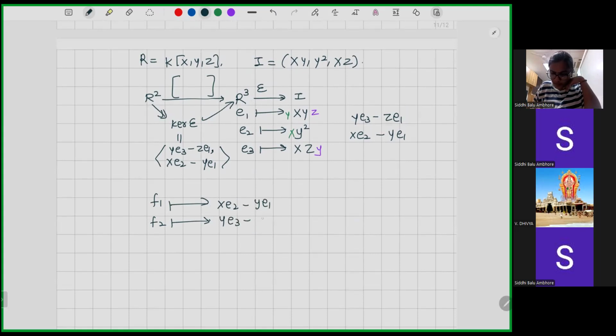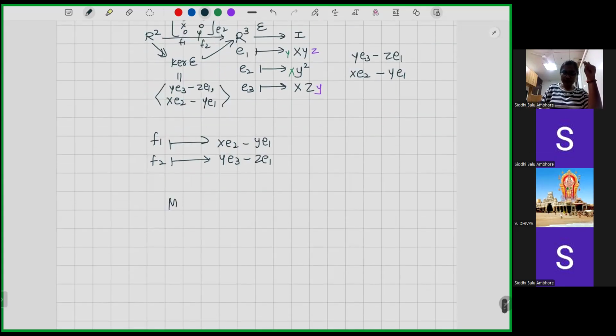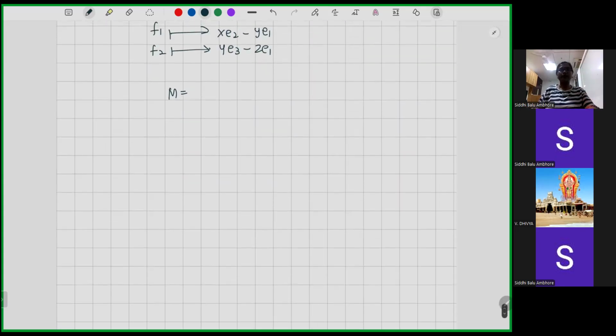So F1 goes to: the e1 coefficient is minus z, e2 coefficient is 0, and e3 has y. Here the columns are F1, F2 and the rows are E1, E2, E3. And corresponding to F2, I get minus y, x, 0. So my matrix M is actually this matrix.